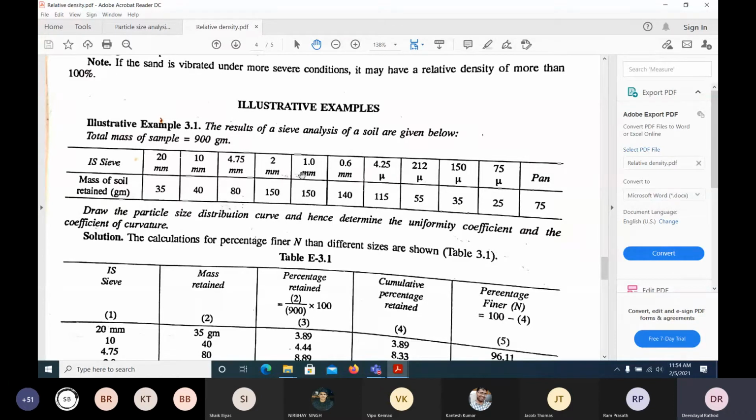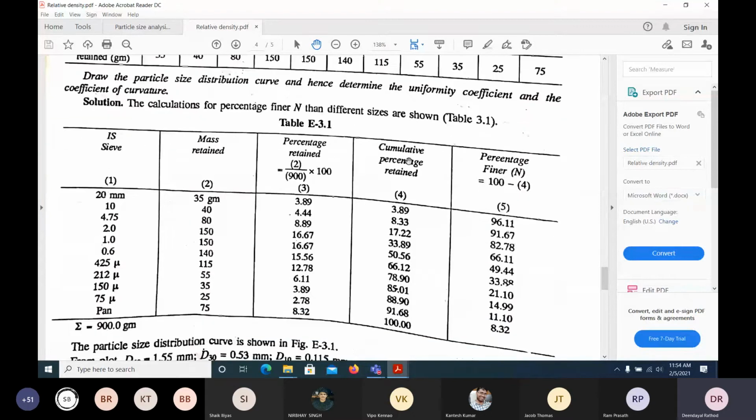So what we'll do, we'll sieve it as we have seen in the last class. Then what we find goes in the tabular column. These are the sieve sizes and these are the masses retained on each sieve. When you add all these masses retained, you should get 900 grams.